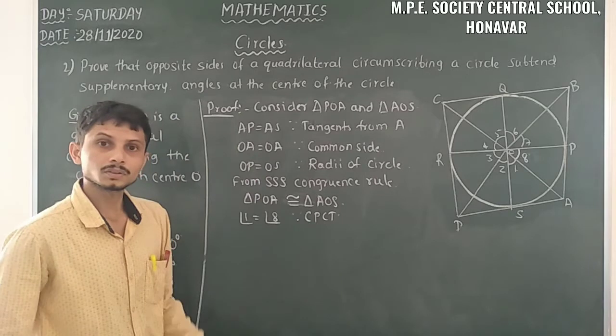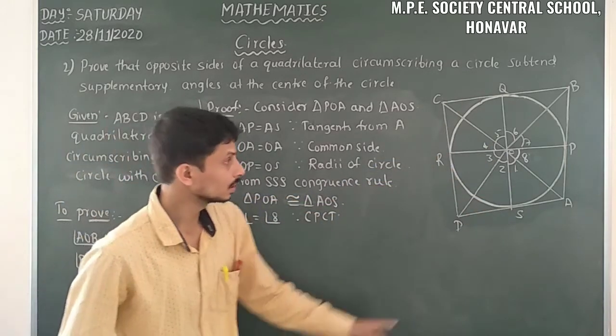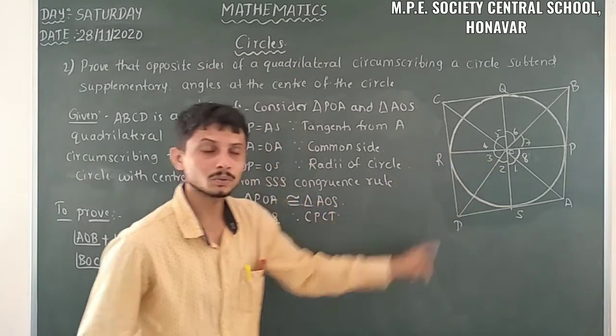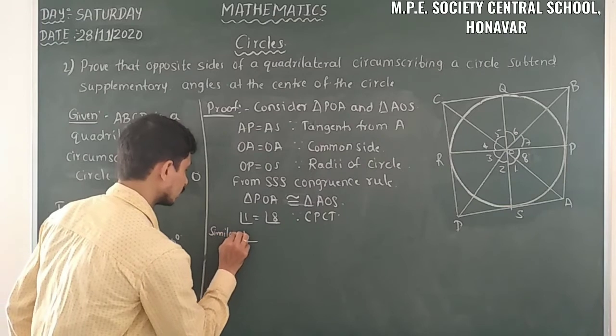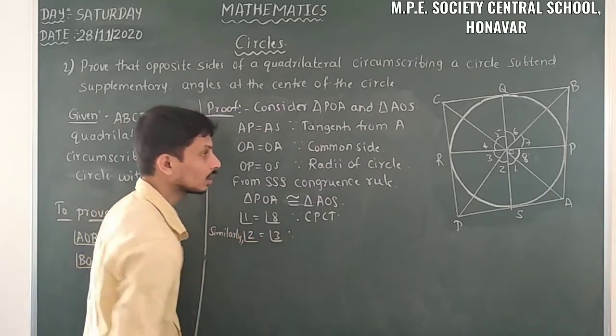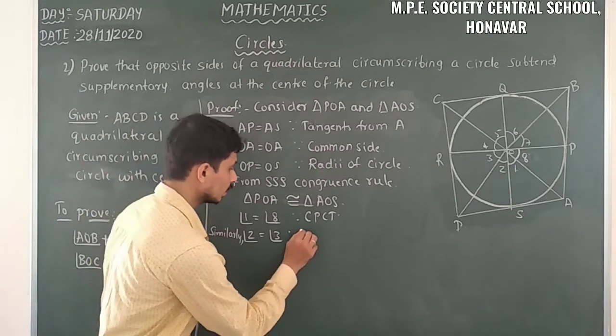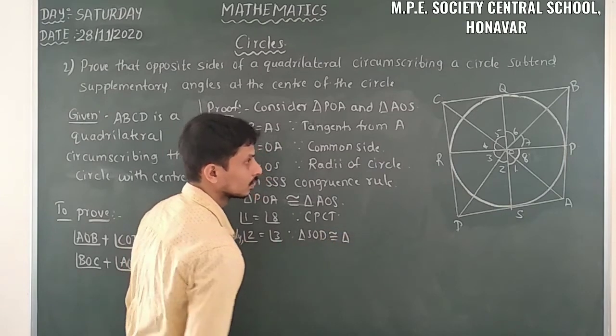And simultaneously we have to take other triangles also. In other triangles also, considering these two triangles, we have angle 2 is equal to angle 3, similarly, because triangle SOD is congruent to triangle DOR.